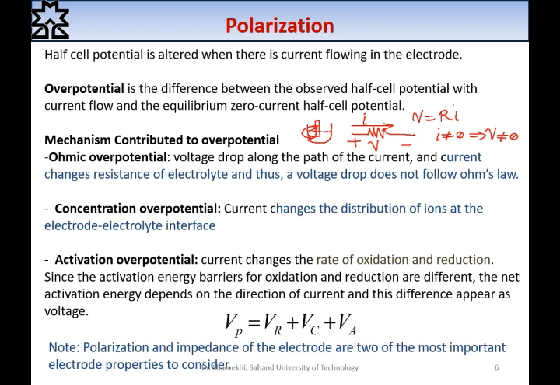The second mechanism is the concentration overpotential. We talk about the concentration of the ions stored at the two sides of the electrolyte interface. If these concentrations at both sides change, the half cell potential will be changed also.